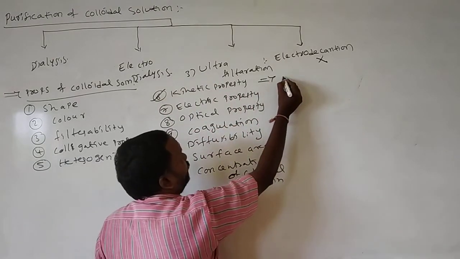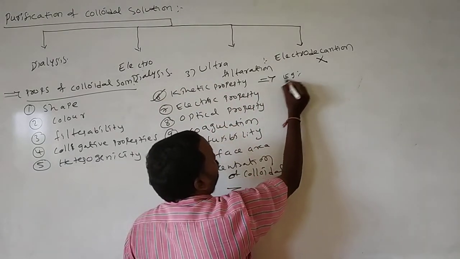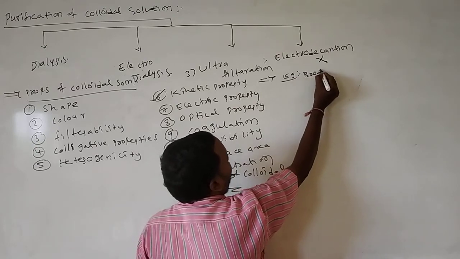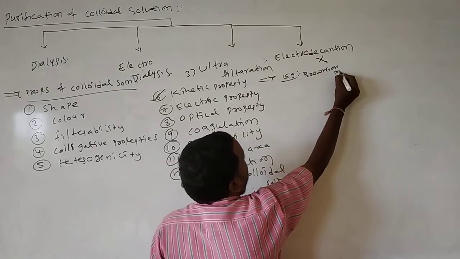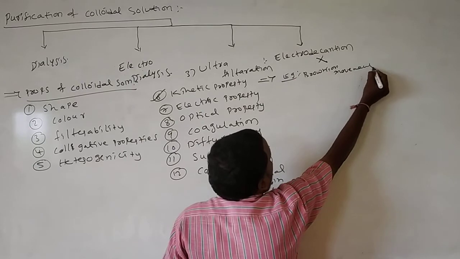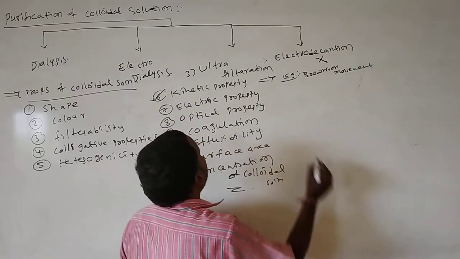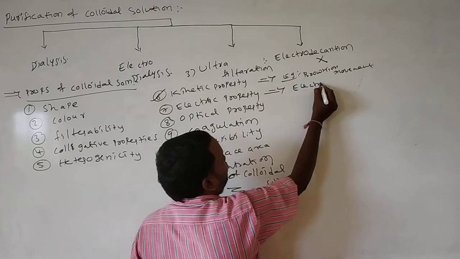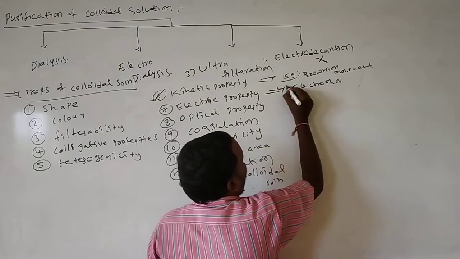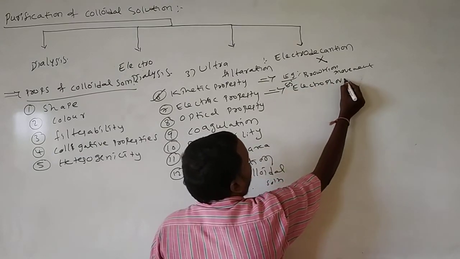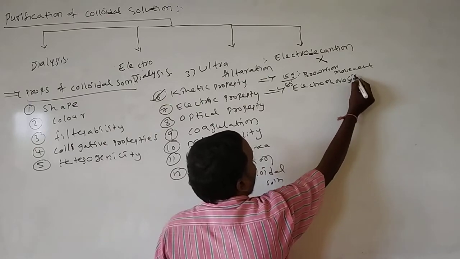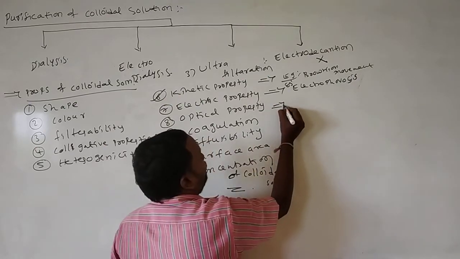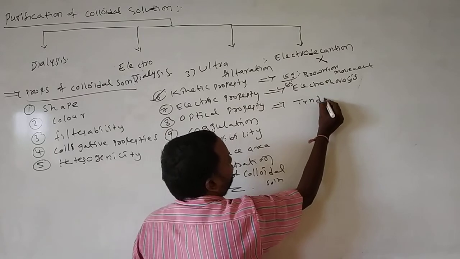Example for kinetic property, Brownian movement. Electric property, electrophoresis. Optical property, Tyndall effect.